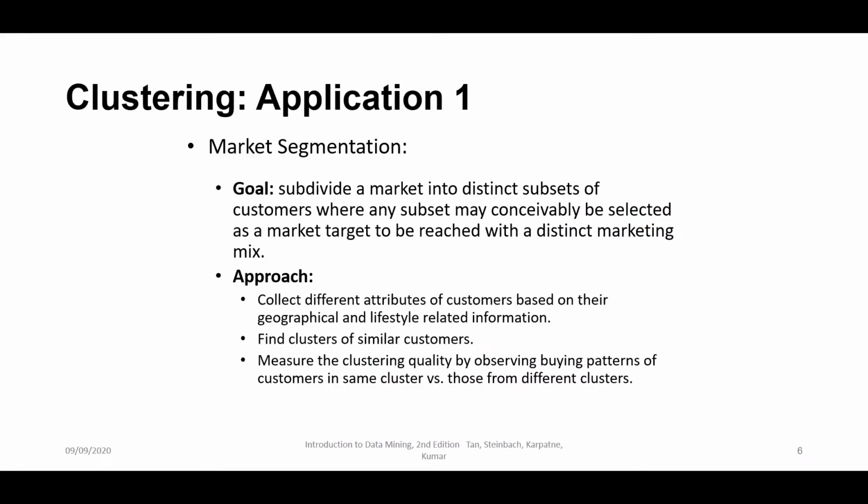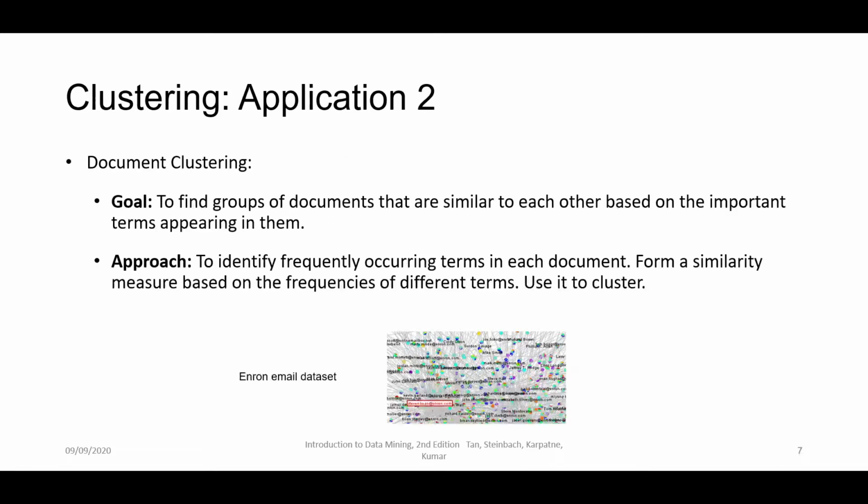Another application is market segmentation. Whatever market scenario is there, if someone wants to group the market and segment it, this particular clustering method can be suitable. Then you can see the second application, document clustering.